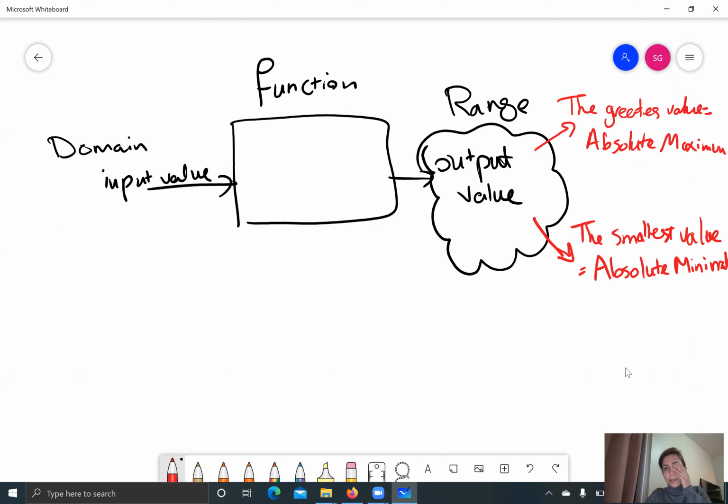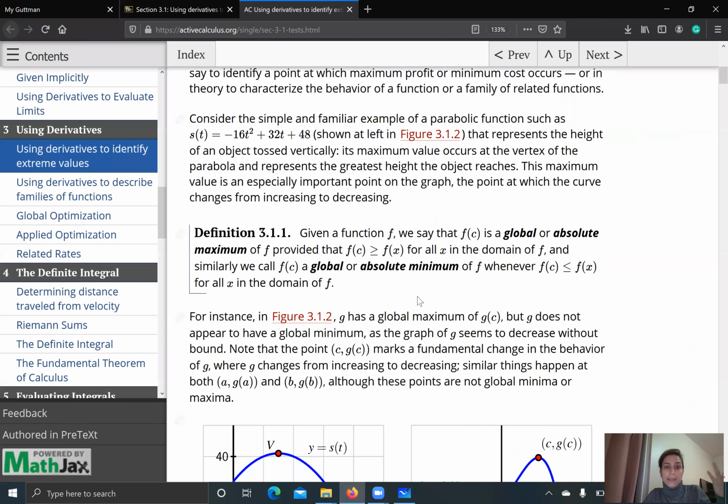Okay, so these two are interesting values that we would like to study if they exist.